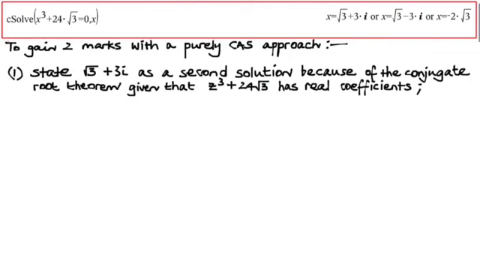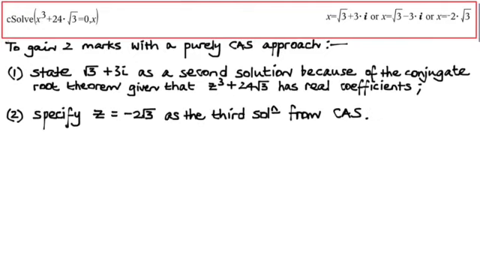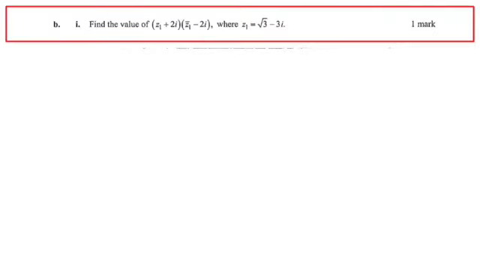State that root 3 plus 3i is a second solution because of the conjugate root theorem, given that this polynomial has real coefficients, and then just specify that z is minus 2 root 3 is the third solution from CAS, and therefore you get the roots that we already gave in the previous screen.